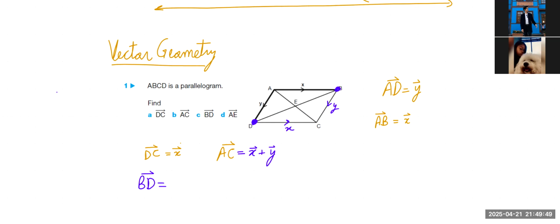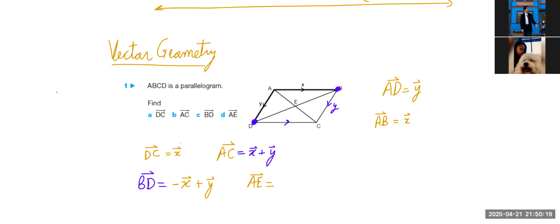Now, you might think that B to A is X, but no. X is pointing in that direction. So you're going the other way, which means you're going at negative X. Okay? Is this clear? Yep. And then plus Y, because you're going in the direction of Y. And now you're at D, which means this is BD. Got it? Perfect.